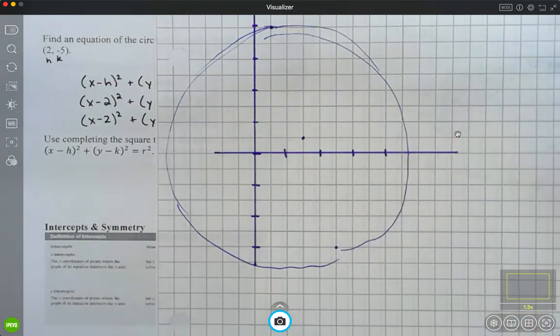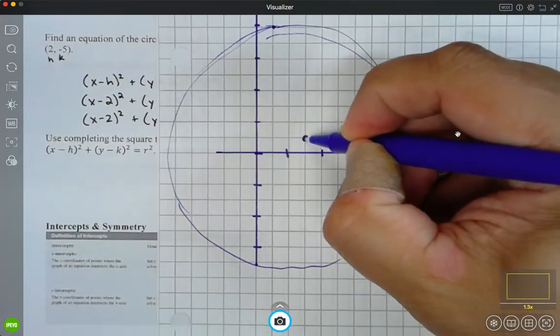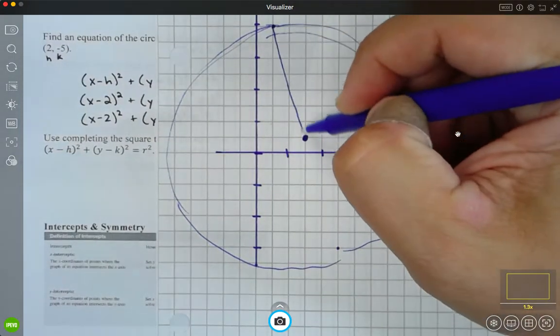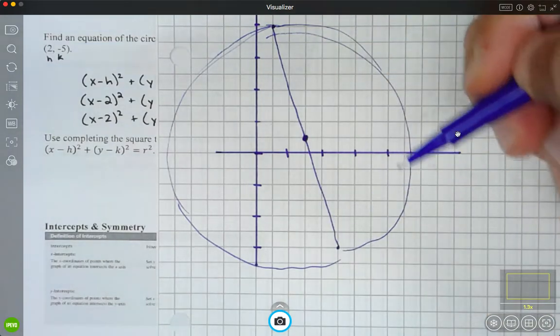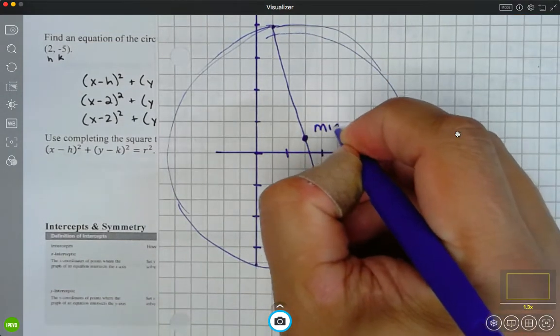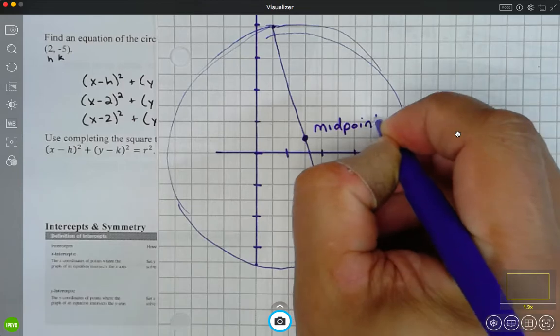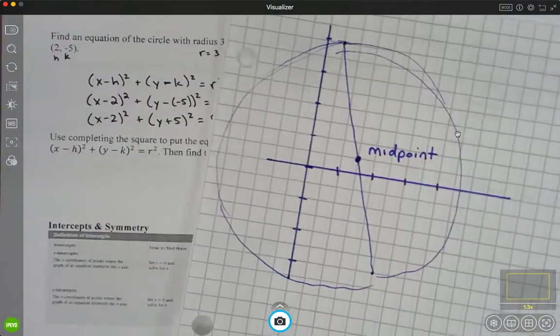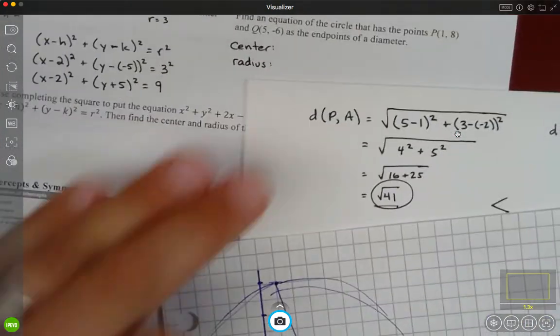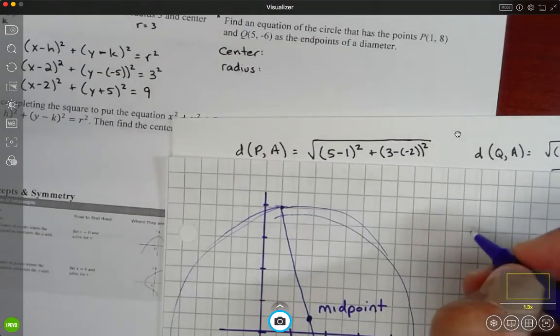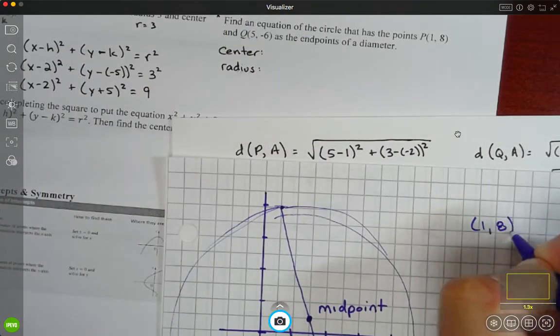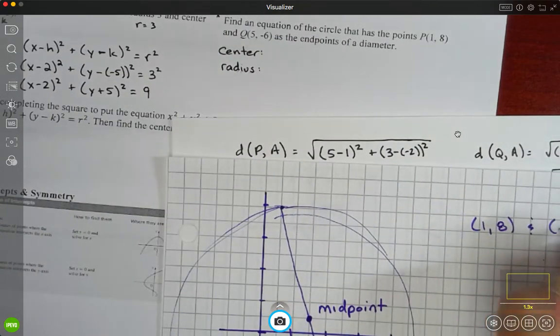All right, but we need to find this point. If that's the diameter, this is the midpoint. Now, I already figured it out, but let's figure out the midpoint if we know the 2 points. So the 2 points are 1, 8 and 5, negative 6.